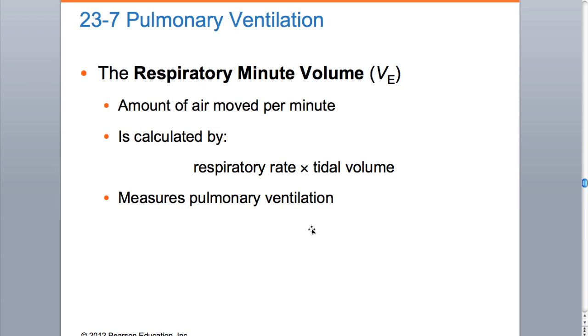If you want to get more CO2 out of the body, as an example, you have to have a greater cardiac output to get CO2 to the lungs. Once they're in the lungs, you have to get them out of the body. Likewise, more oxygen gets into the lungs, more oxygen goes from the lungs to the blood. So these are very related concepts.